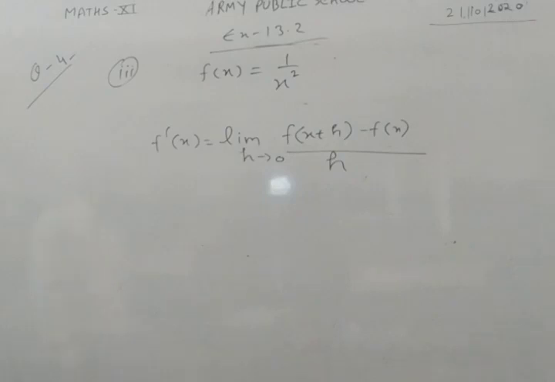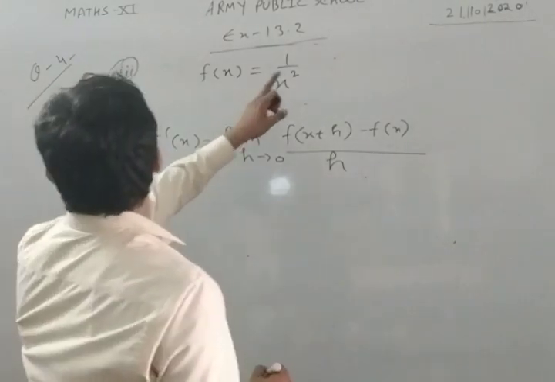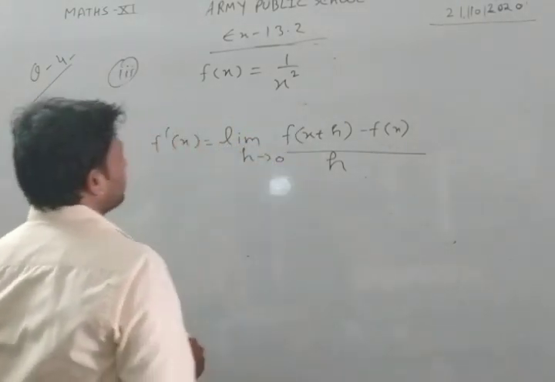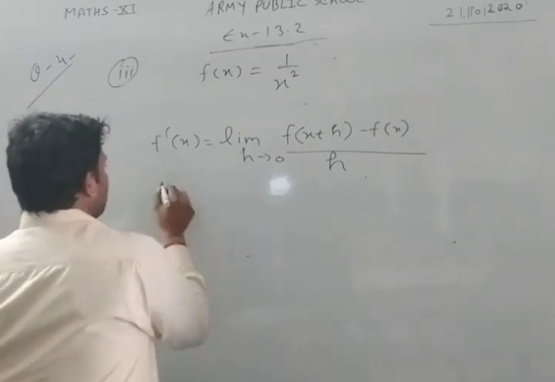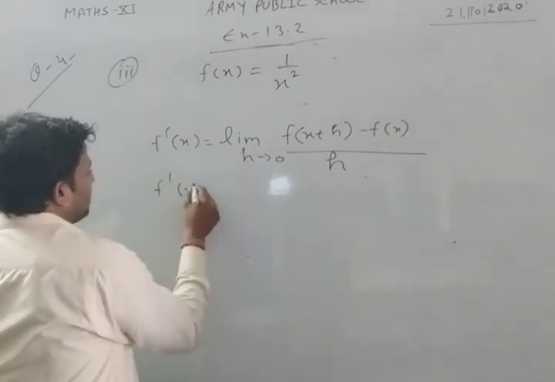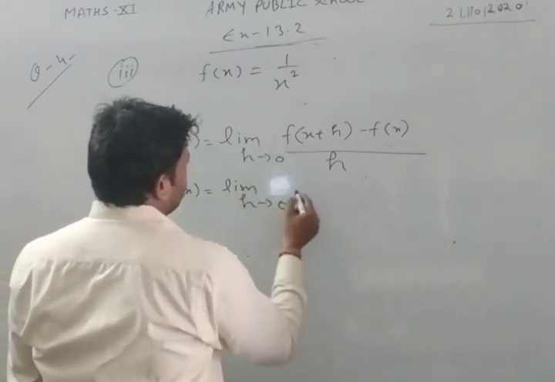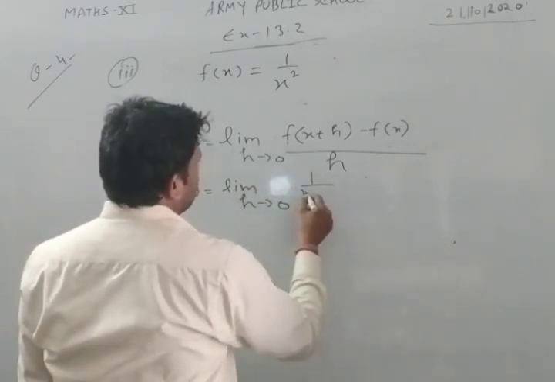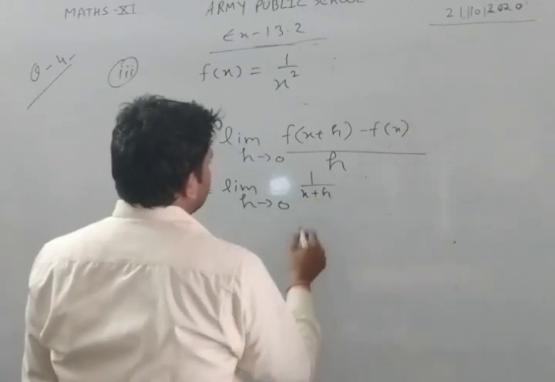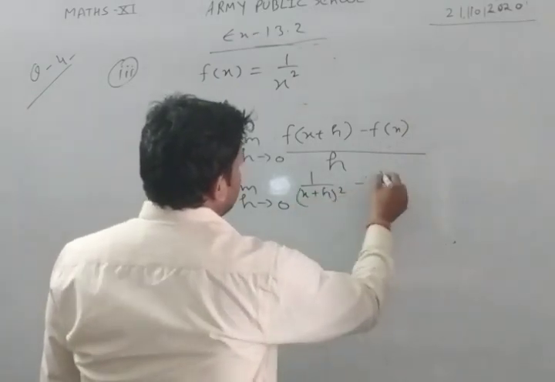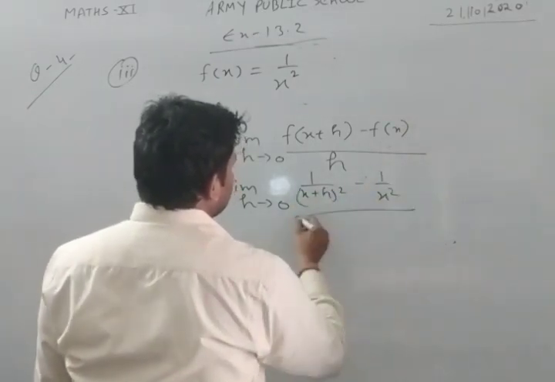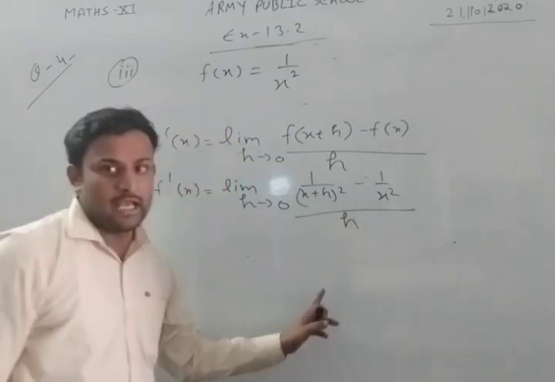Now we have to find the derivative of this function. So let fx is 1 by x square. So f dash x is limit h tends to 0, our function will be 1 by x plus h whole square minus 1 by x square divided by h.